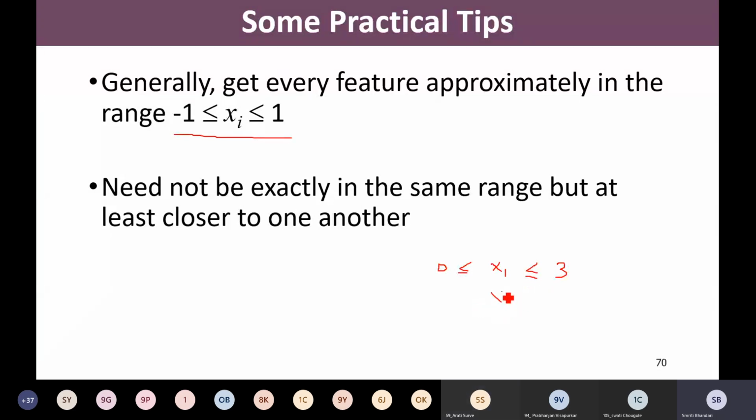We have another feature x2, and that lies between -1 and 0.5. Let us assume that we have one more feature x3, and that lies between -100 and +100.